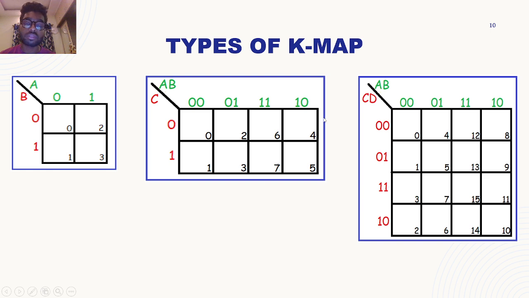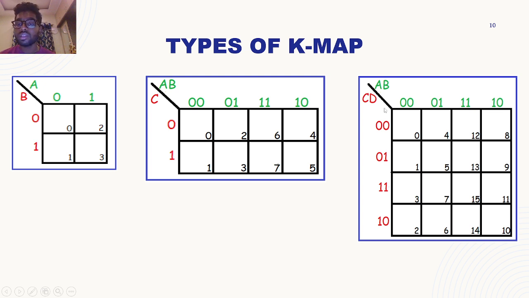This is a 3 variable K-map, having 3 variables, A, B and C. The numbers above the columns represent the values that can be entered in the K-map. So for the zeroth cell, 0, 0 and 0 can be entered, and for the first cell, 0, 0, 1 can be entered.